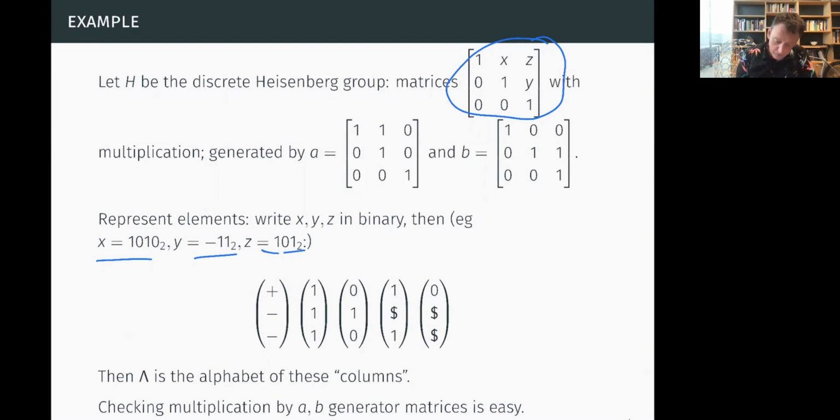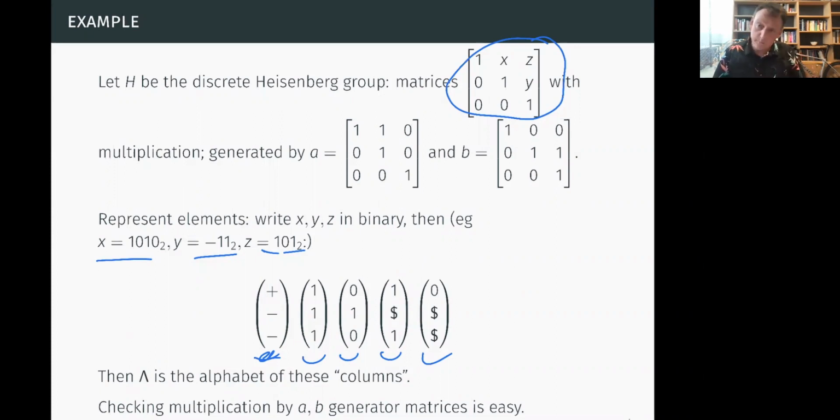And so now our alphabet is the alphabet of weird looking columns. Now, if I give you a big string like this, you can check whether or not it's legit with a finite state automaton. This has to come first and then the dollars have to be in the right spots. So that's regular and in bijection with the group.